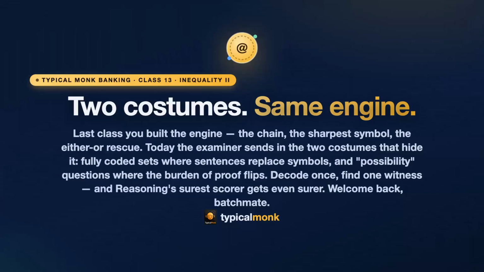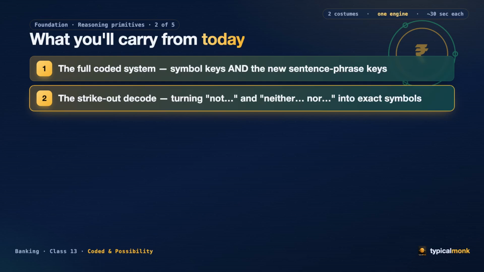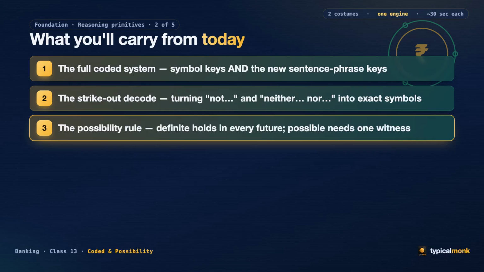Take a slow breath, batchmate. Let us take both costumes off. So what will you carry home from today's class? First, the four-coded system, the symbol keys, and the new sentence phrase keys as well. Second, the strikeout decode, the art of turning not and neither-nor sentences into exact symbols. Third, the possibility rule.